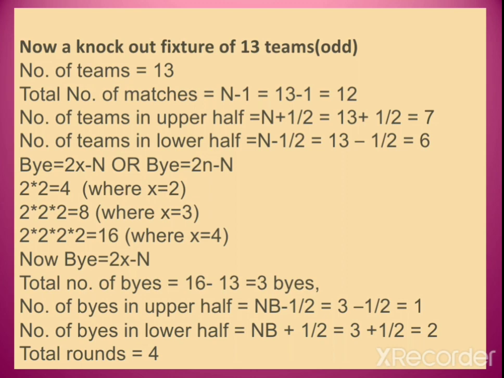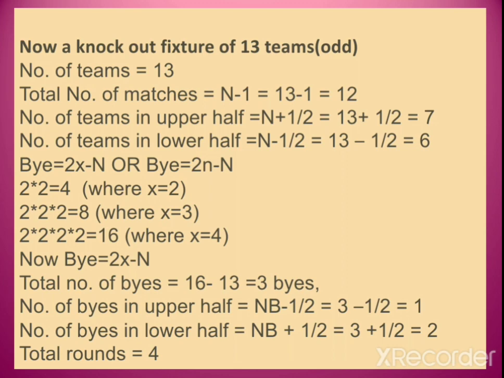Here we should always remember that in a knockout tournament, whenever we are making two halves or quarters, the lower half always has either an equal number of teams to the upper half, or the lower half always has fewer teams and more byes.